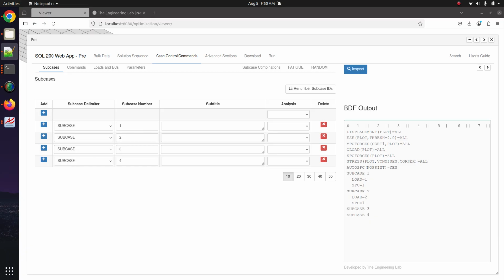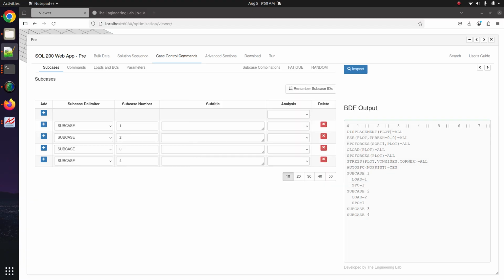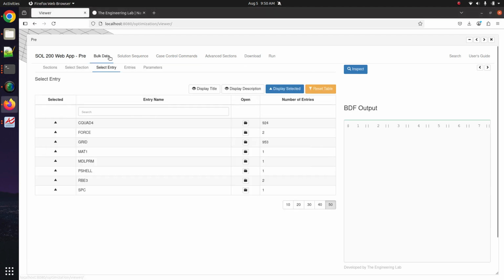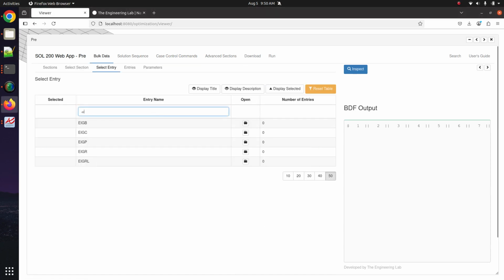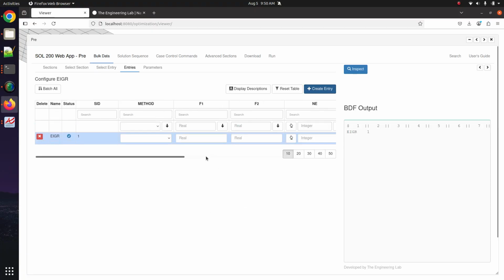To do this, we're going to define something called the EIGR entry. So here, let's go to the bulk data section. Let's reset this and look for EIGR. Let's go here and create an entry.